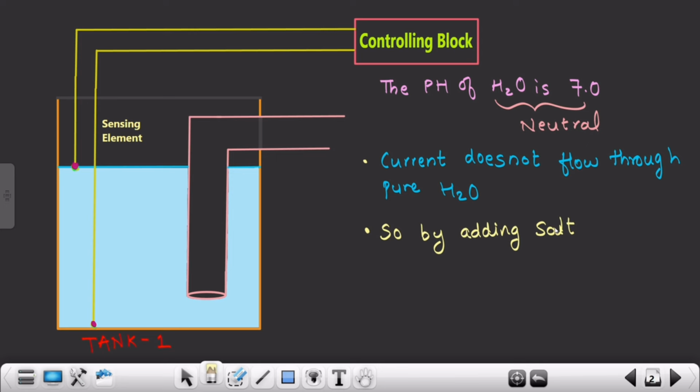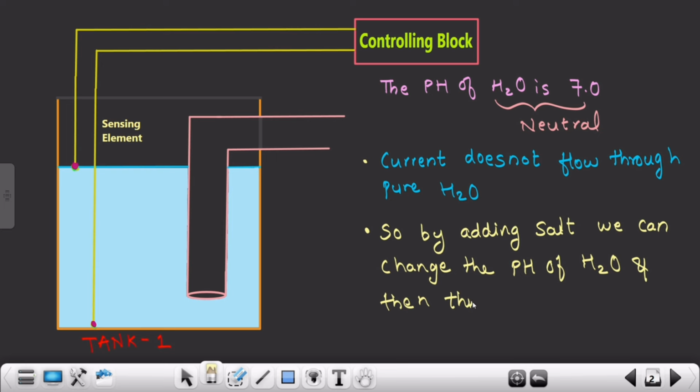Just by adding salt we can change the pH of H2O, and then this water, or H2O, will conduct current through it, or conduct electricity in general. Then this water will conduct electricity. So this is our basic idea.